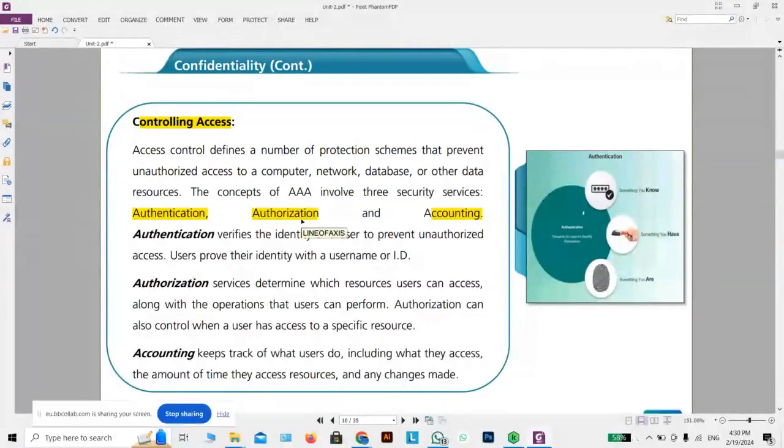That is how they apply security measures. So you get authenticated, then you get authorized, and whenever you're using the system, you're accountable for each of your actions performed on the network. This is a very simple explanation of all these access control services.